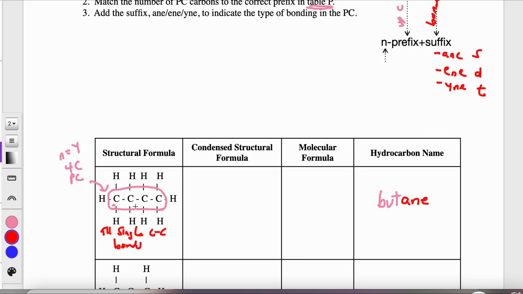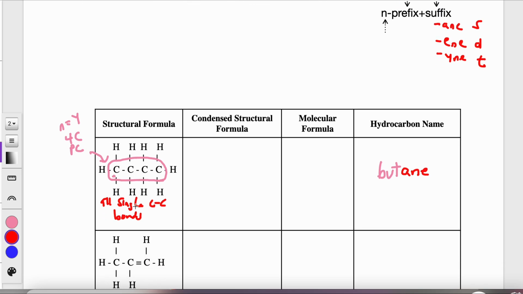That's its structure. Okay, so condensed structural formula. So this is full-blown structural formula. You will need to be able to go between full-blown structure and the condensed. Condensed structural formulas, they're just a lot easier to write. So when I take a look at this, here is my first carbon.